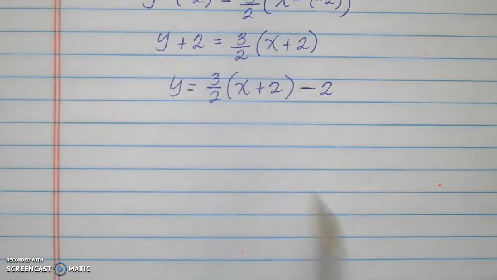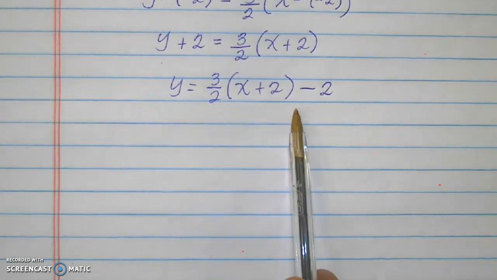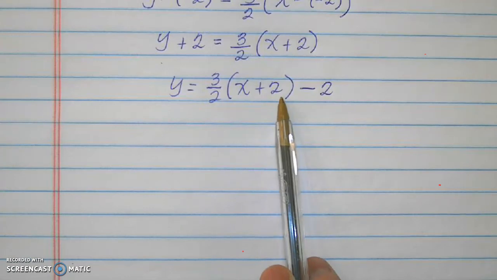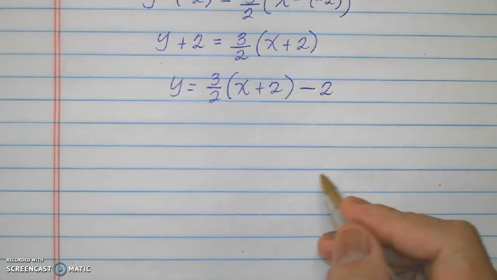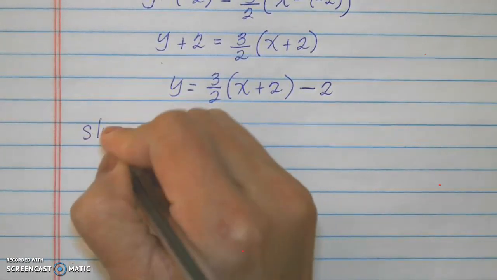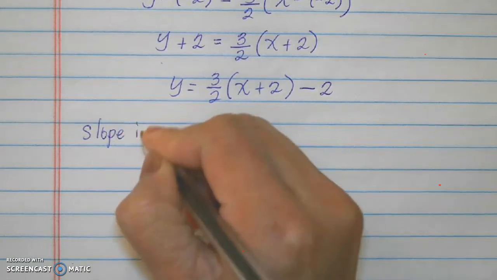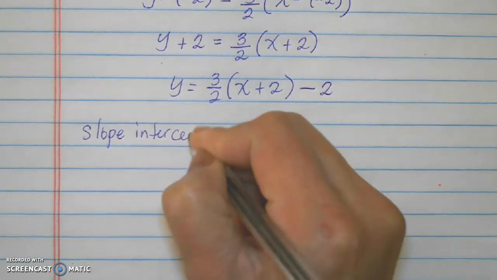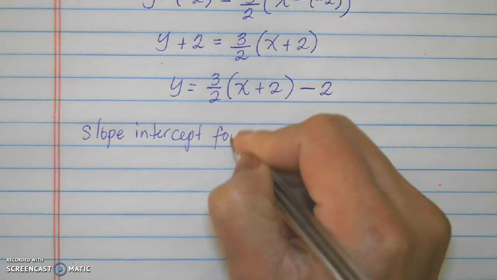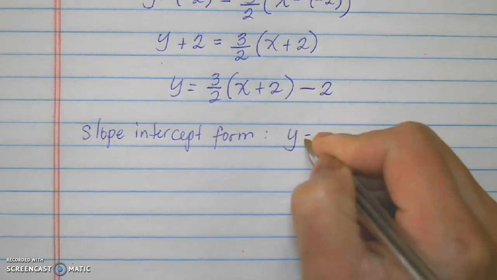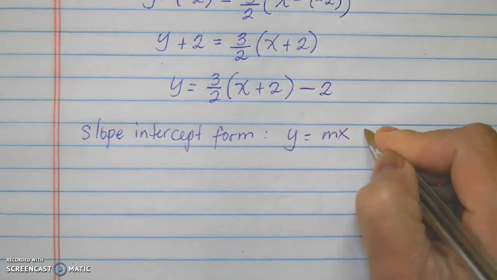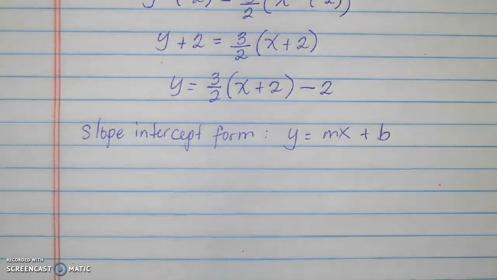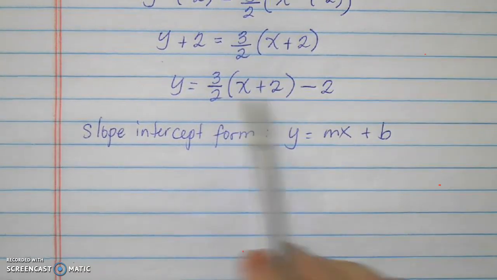I would like to go ahead and extend this lesson into changing this to slope-intercept form, which is y equals mx plus b. If that is the case, then we will have to fix this a little bit.